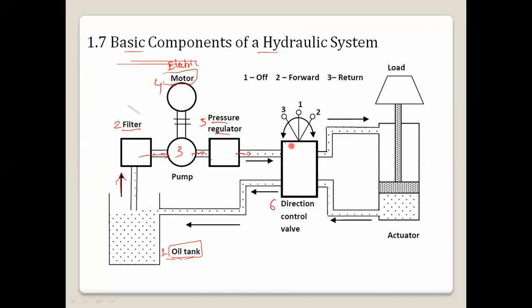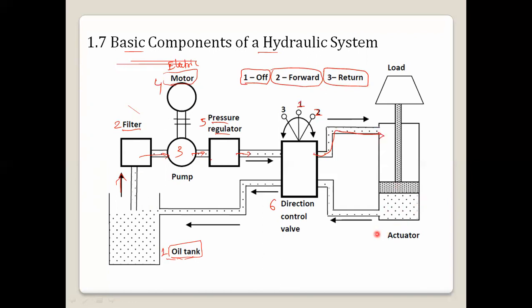The direction control valve has three positions: 1 is the off position, 2 is the forward position, and 3 is the return position. Then oil from the direction control valve goes to the actuator.